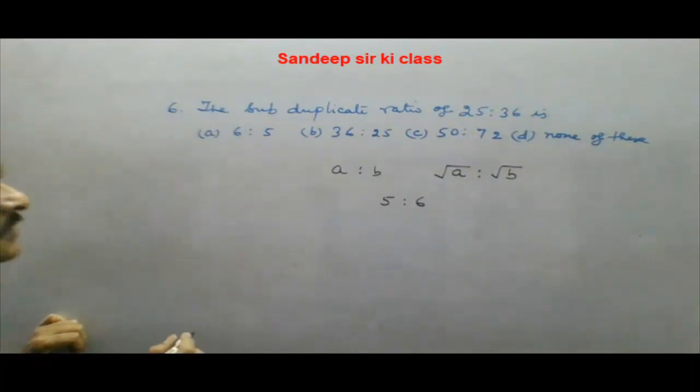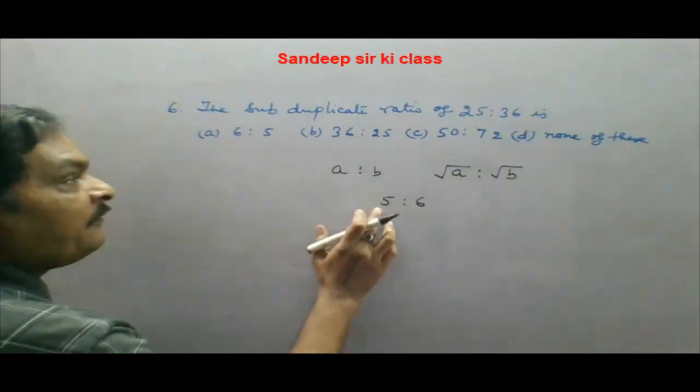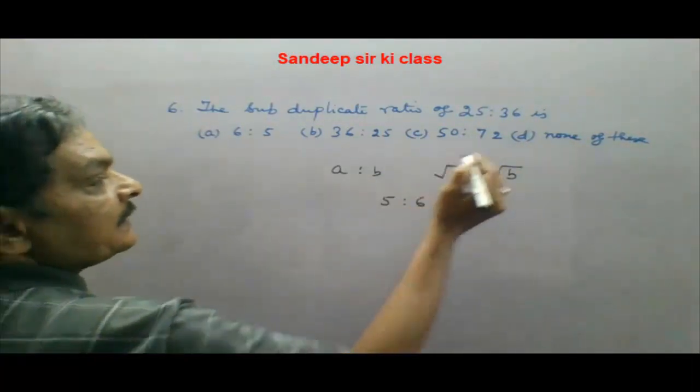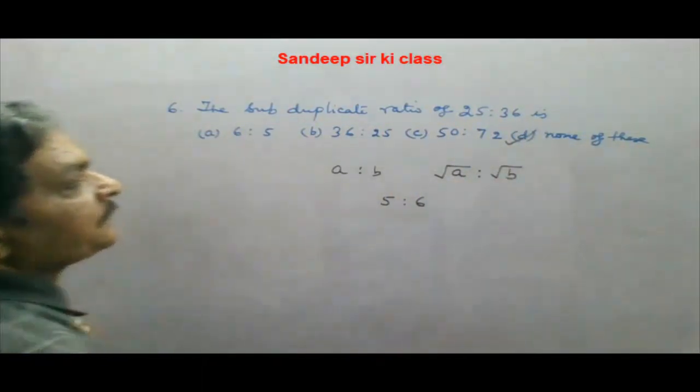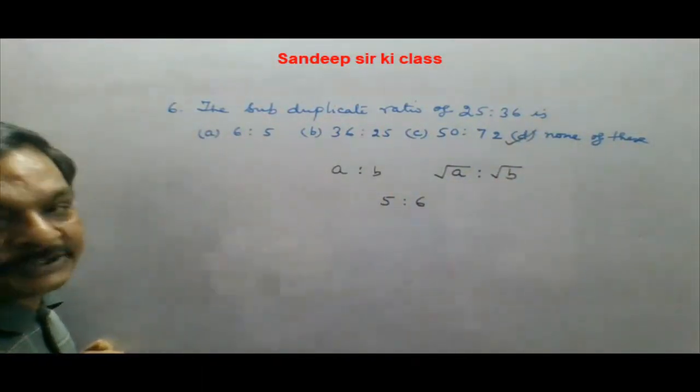So the required subduplicate ratio will be 5:6, which here is none of these. Now we will see the next problem.